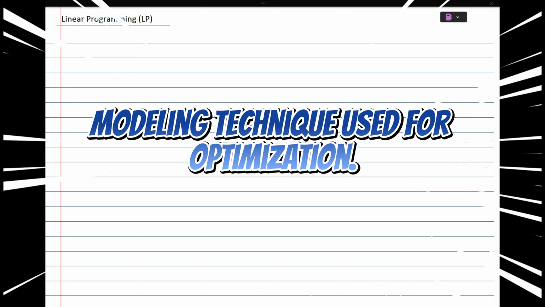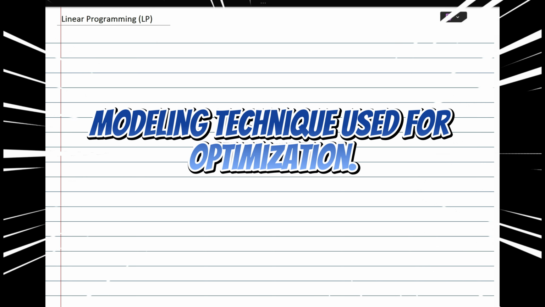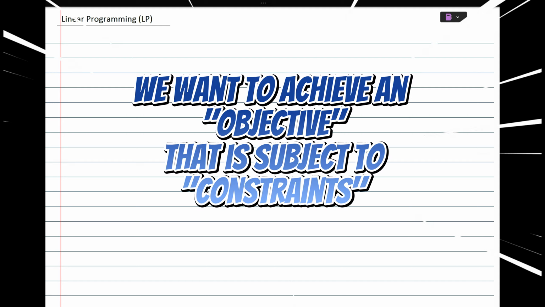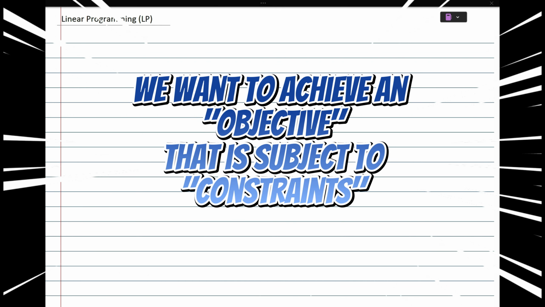some resource constraints. So LP, or linear programming, is a mathematical modeling technique that's used to determine a level of operational activity, mostly for companies or firms. This is in order to achieve an objective for them, and that objective is subject to different restrictions, which we call constraints.